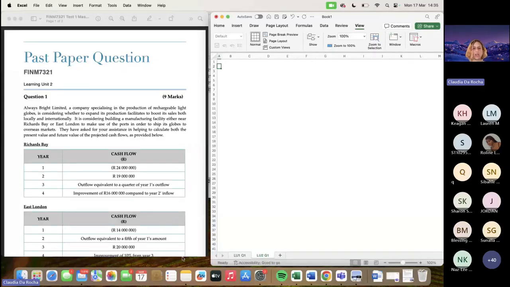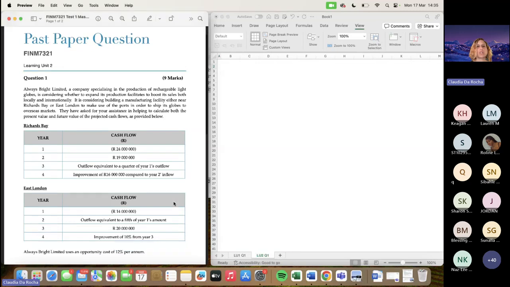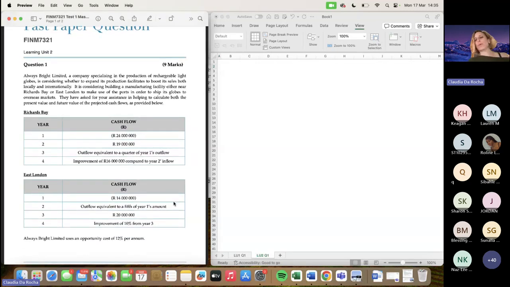Okay, so I'm going to bring that question up now. Okay, so please confirm that you can see now the learning unit 2 past paper question that says 9 marks at the top. Brilliant. All right.